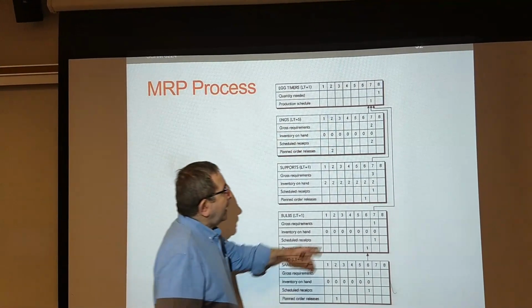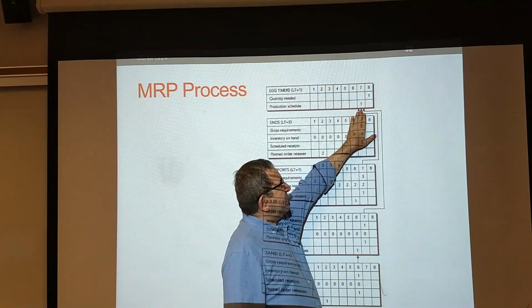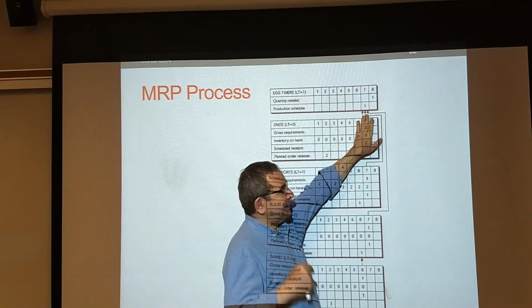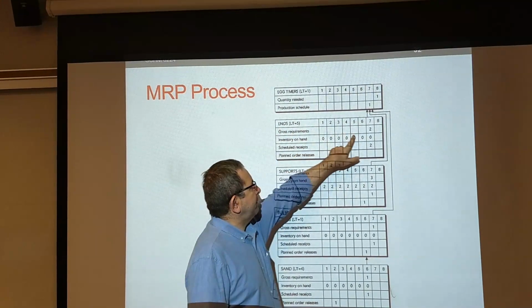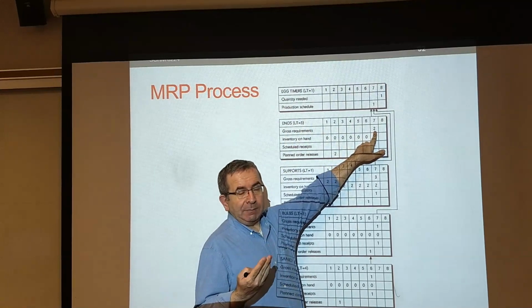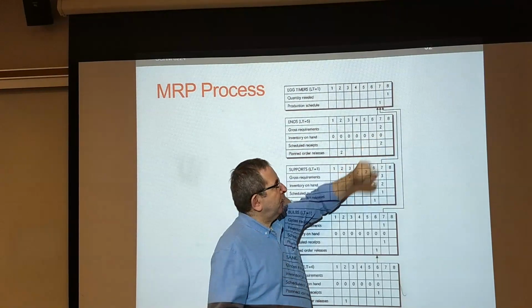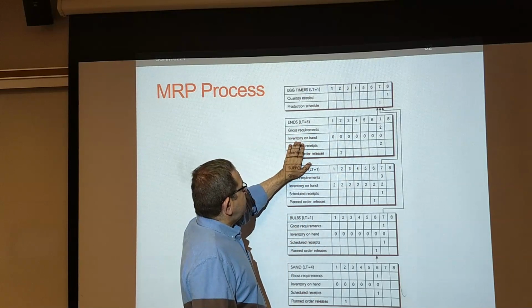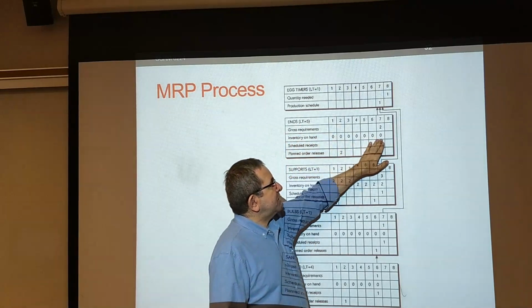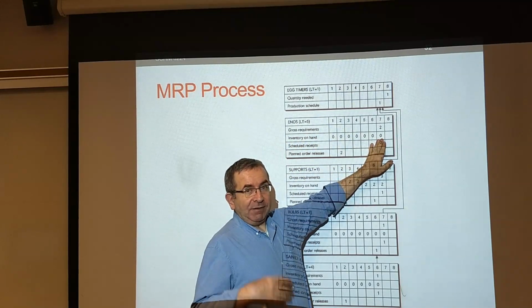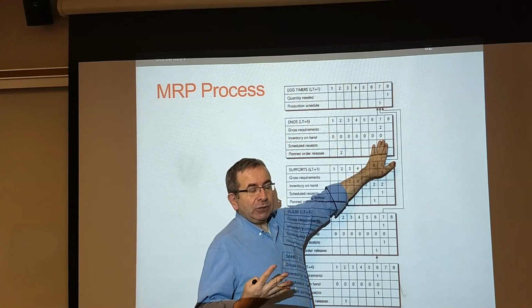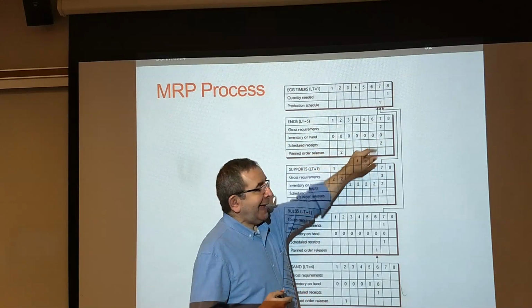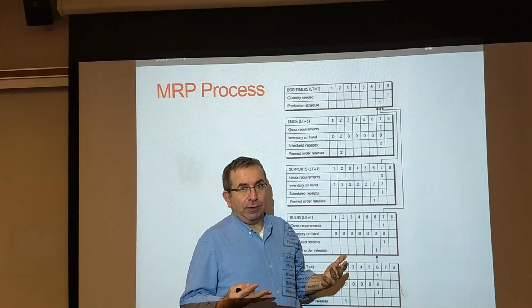So to start production in period 7, you need 2 ends. Okay, so your requirement, your need is 2. Okay, so first you check if you have this in inventory. However, your records tell you that you have 0 ends in your inventory.